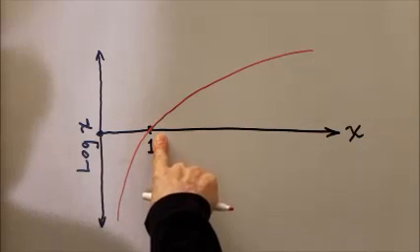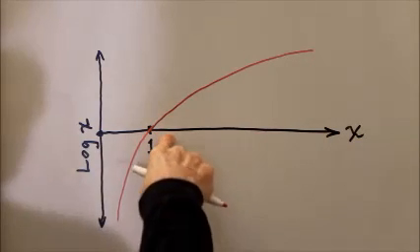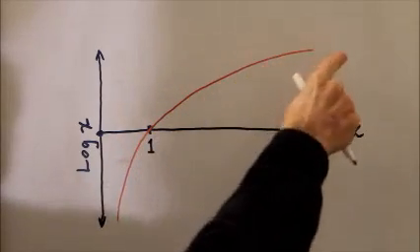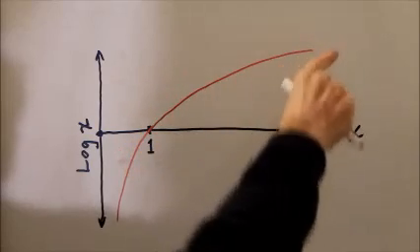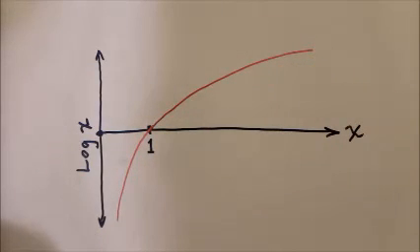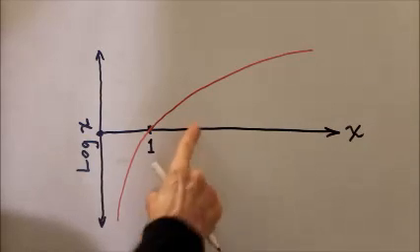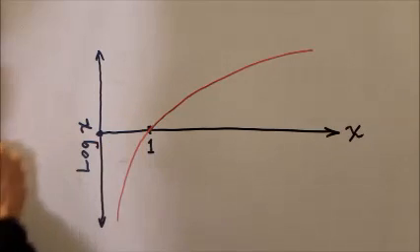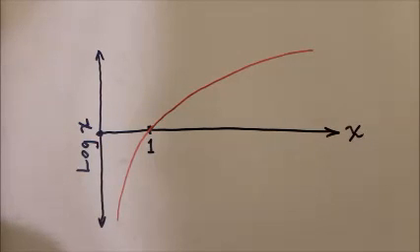The logarithm of 1 for either base e or 10 is always going to be 0. It's going to increase positively, but more and more slowly as we go out that way, and then it blows up negatively as we approach x equals 0, so that the logarithm of 0 is not defined in the set of real numbers, nor are any logarithms of negative numbers defined in the set of real numbers.